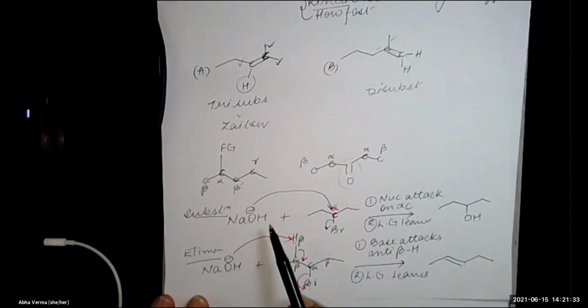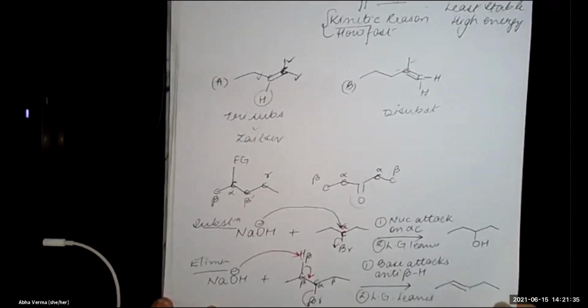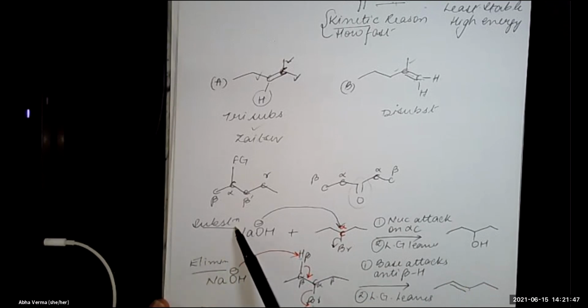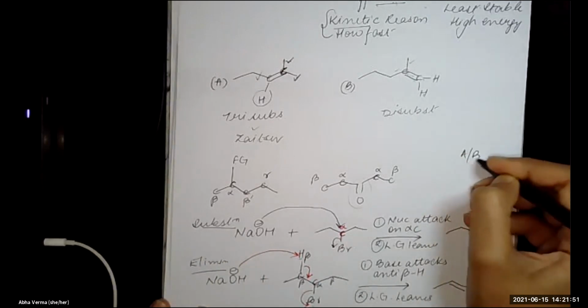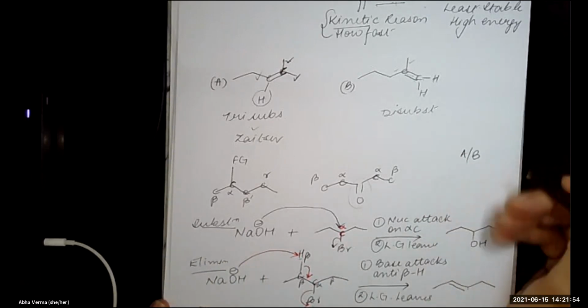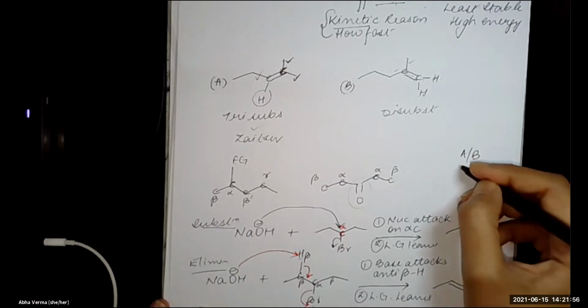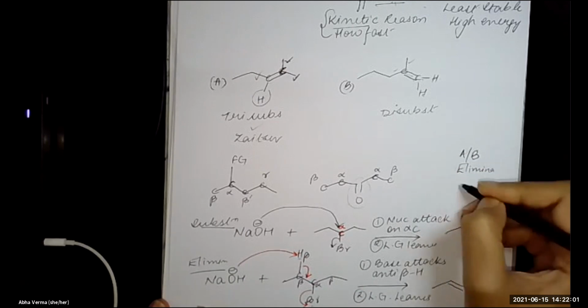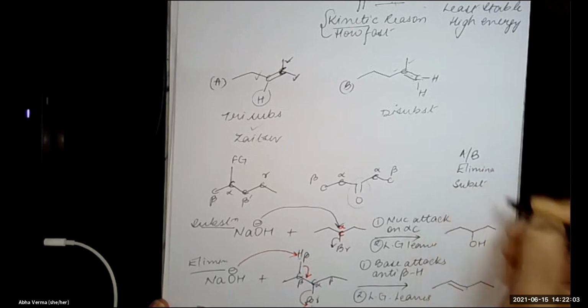What are the requirements of elimination and substitutions? So far we had learned that acid-base reactions always compete with substitution reactions. But let me now tell you that elimination reactions also compete with the substitution reactions. So the order is, most of the time, acid-base will occur, followed by eliminations, followed by substitutions.